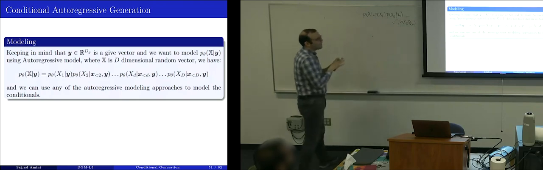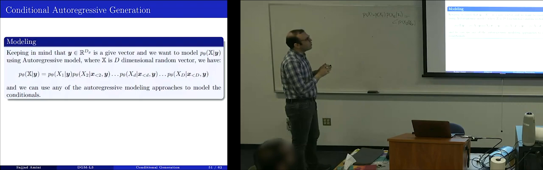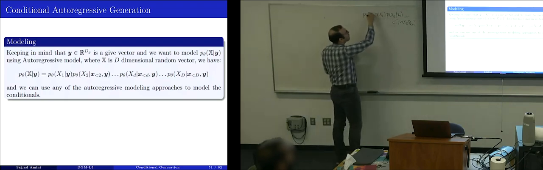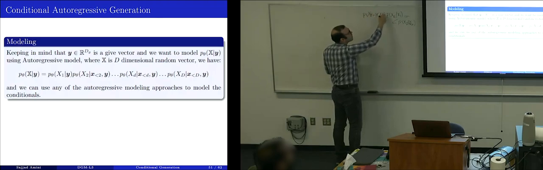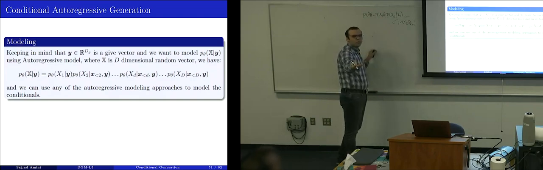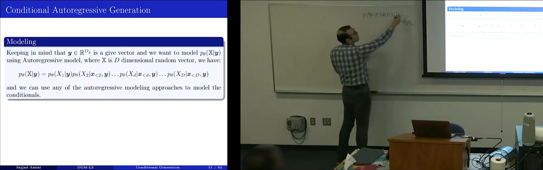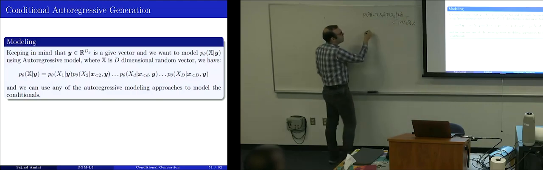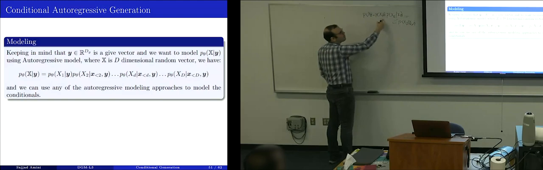Okay? What happened here? Just a very simple input is added to all of these terms, and that simple input is y. This is not a random variable, it's just a given vector to you. Previously, to design the distribution over x1, we have this term, as you remember.